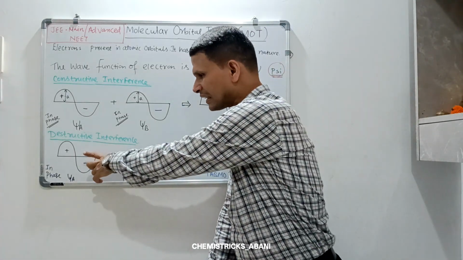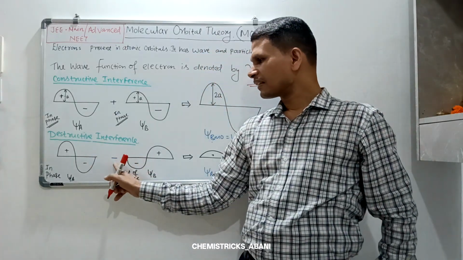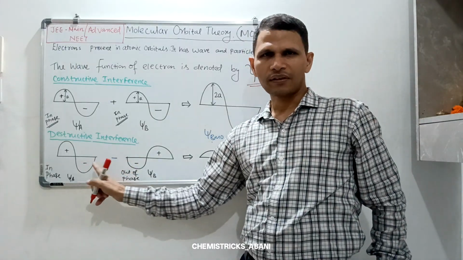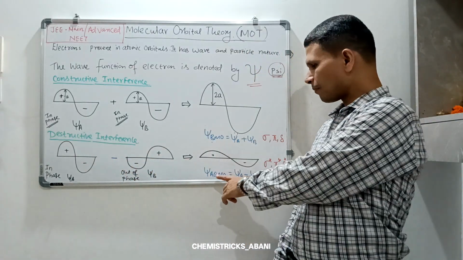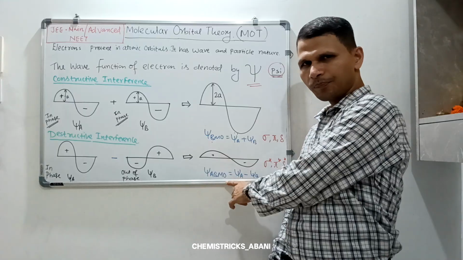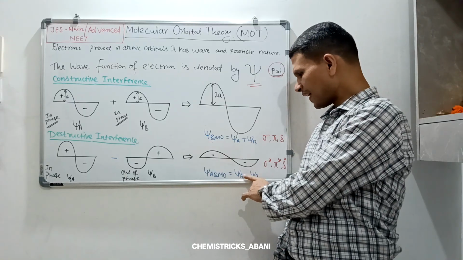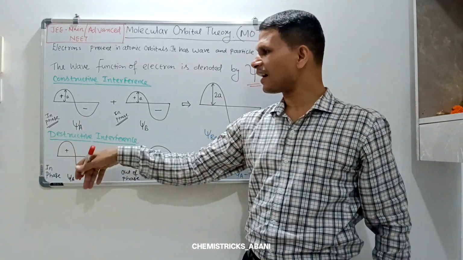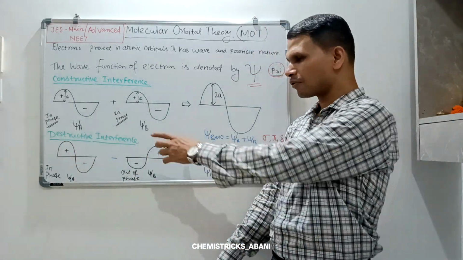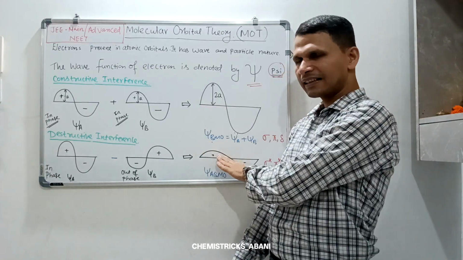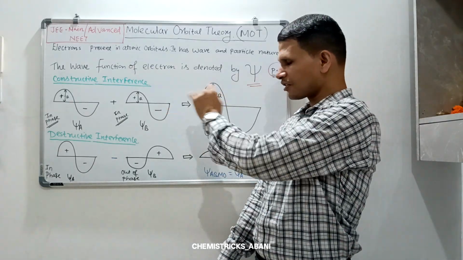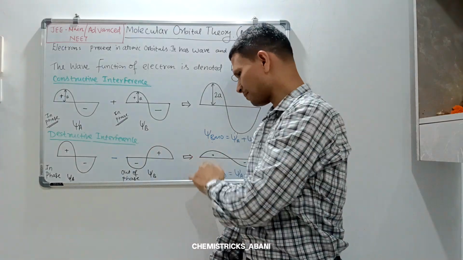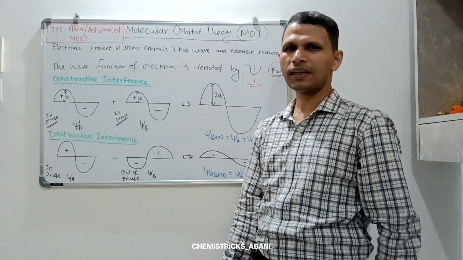When there is destructive interference, meaning there is subtraction of wave function, it is denoted by psi A and minus psi B. Here the amplitude is less than the original amplitude. Whatever we had added, it is less than that. Here it is doubled because it is constructive interference, but here it is less than the original one.